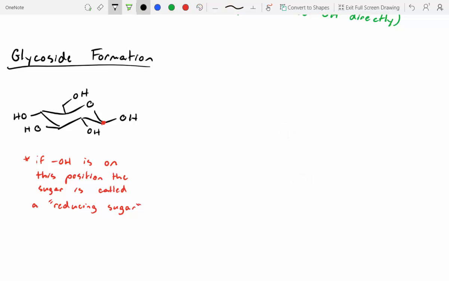With glycoside formation, what will happen is you treat this with acid and another alcohol. So I'm just going to have a generic alcohol. The first step is we're going to protonate this position. Oops, let me clean this up.